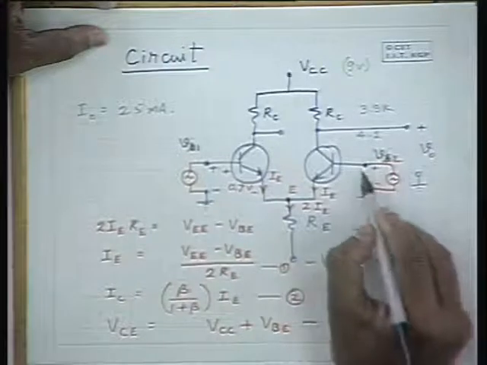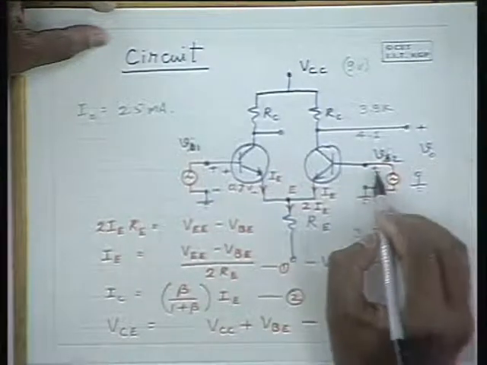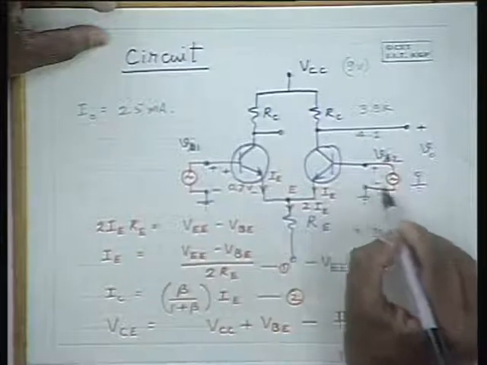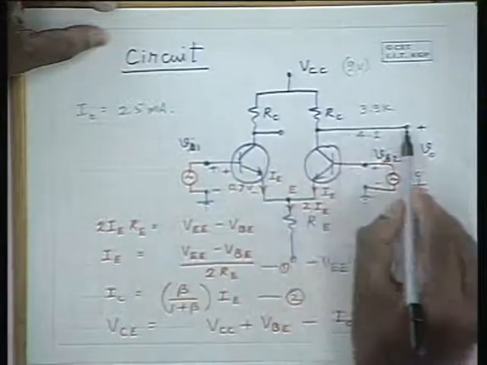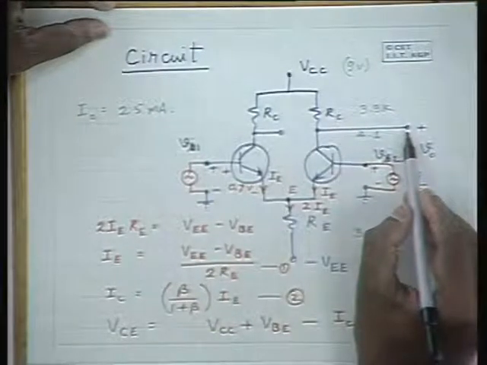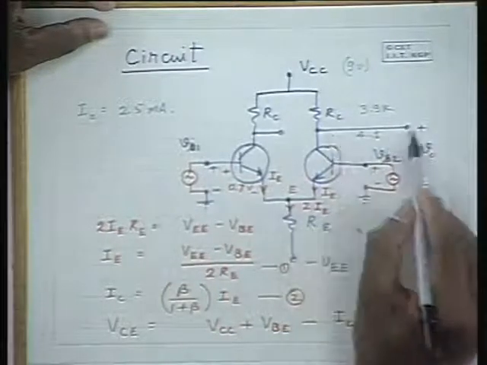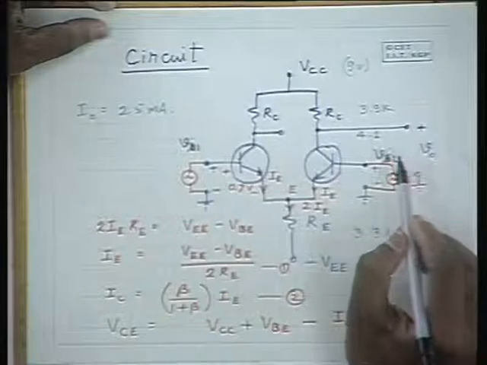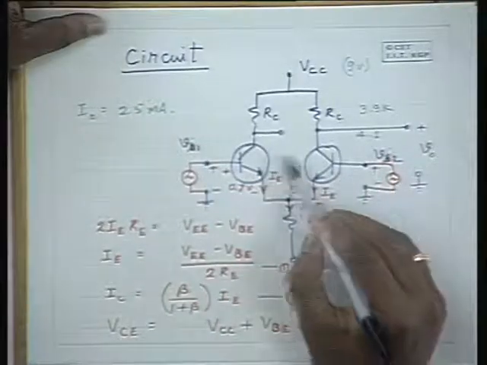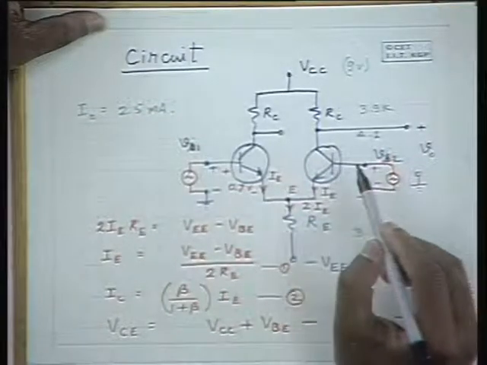Please note that if the base is biased at 0 potential, it is not possible to bias the collector at 0 potential because it goes into saturation, and the saturation region is not suitable for amplification.